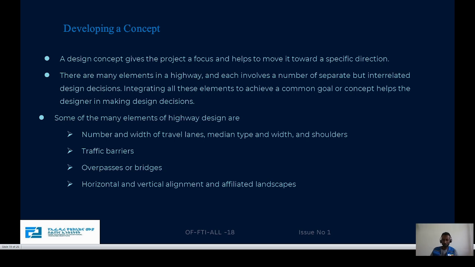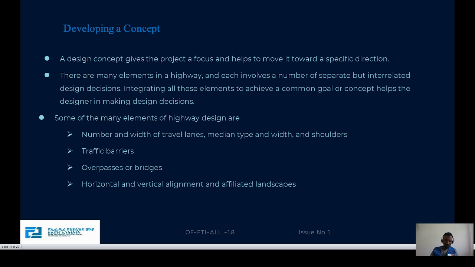Many elements in a highway involve a number of separate but interrelated design decisions. Some of the major elements of highway design are the number and width of the traffic lanes, traffic barriers, overpasses, and horizontal and vertical alignments.